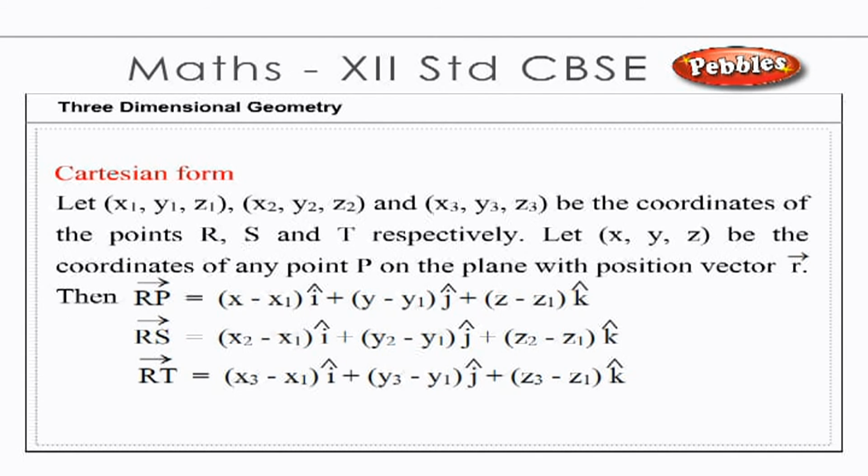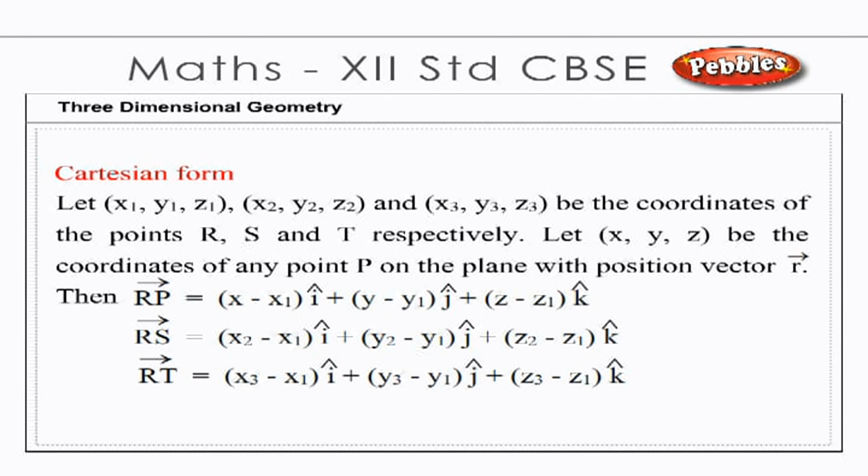Cartesian form. Let x1, y1, z1, x2, y2, z2 and x3, y3, z3 be the coordinates of the points R, S and T respectively. Let x, y, z be the coordinates of any point P on the plane with the position vector r vector.